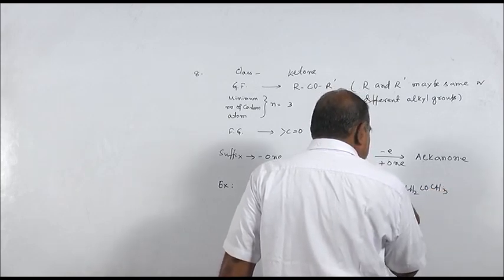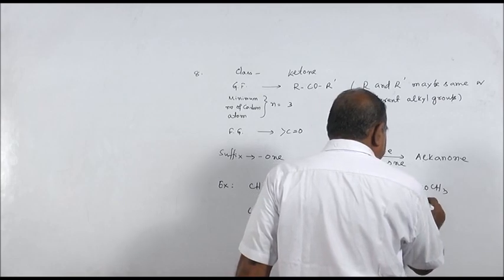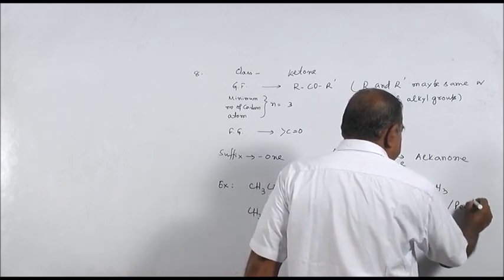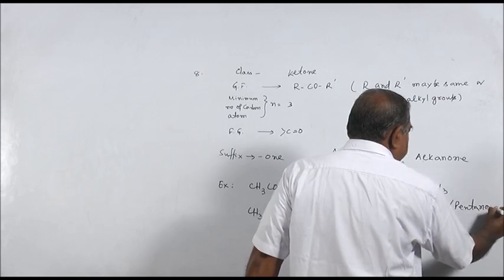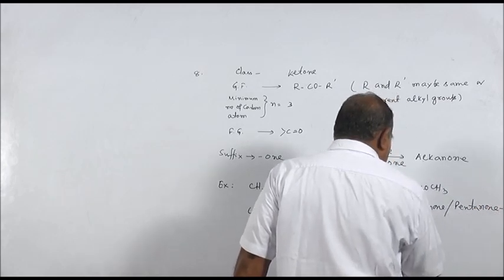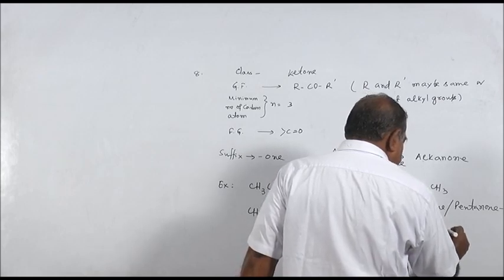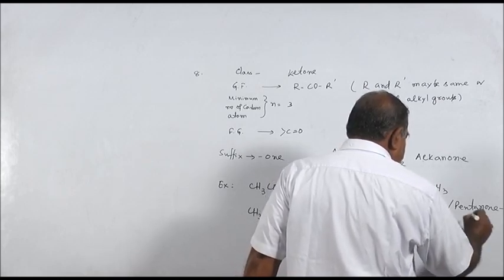This is 2-pentanone, or you have another choice: you can write pentanone-2, or you can write pentan-2-one, placing the number between the primary suffix and the secondary suffix.